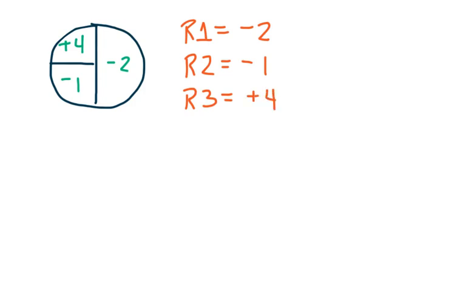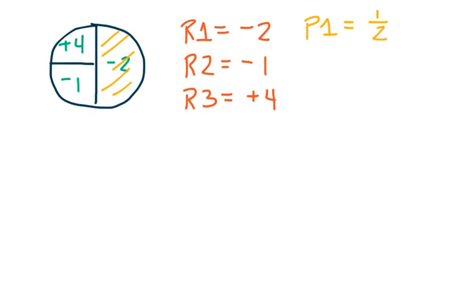Now each of these results is going to have a probability associated with it. So let's look at those. The probability of result number 1: as I look at my spinner, that's half of the spinner, so that's going to happen half of the time.